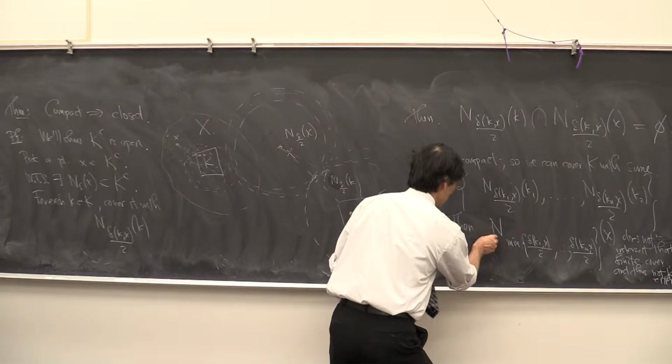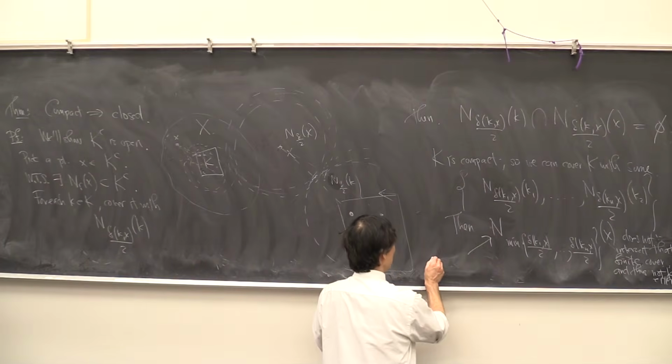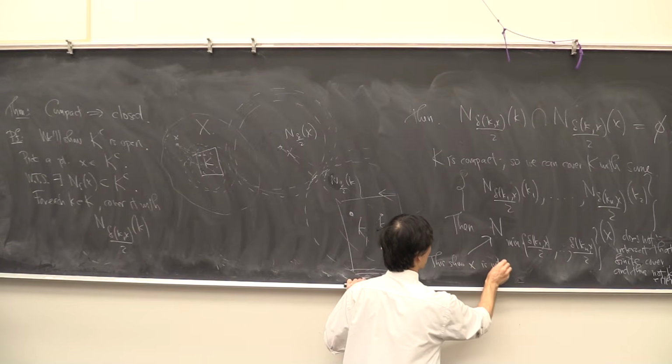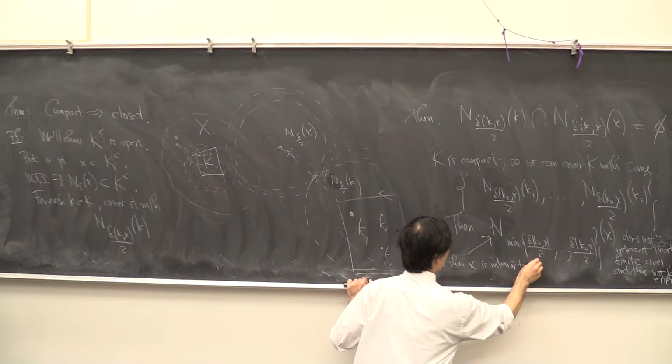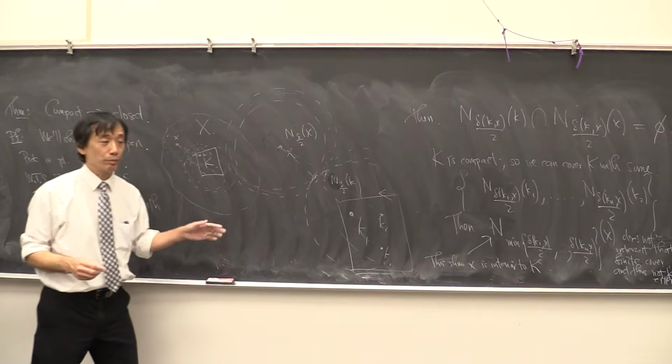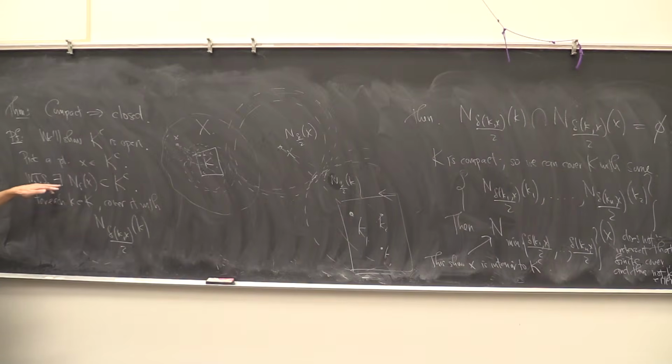This shows x is interior to K complement, which is what we wanted to do. We wanted to show that K complement was open, and we've shown that every point is interior.